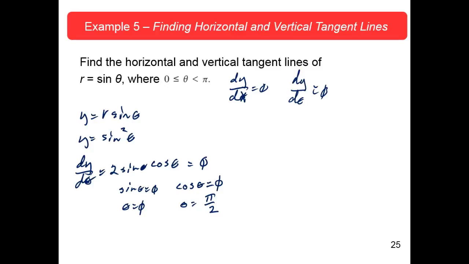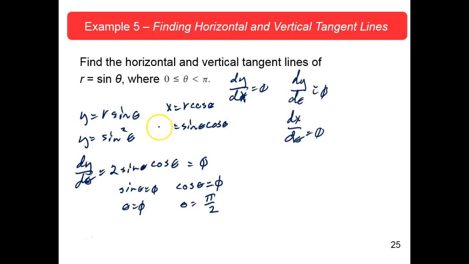Okay? Let's see about vertical. What's true about vertical tangent lines? Yeah, dx d theta equals 0. And where is that going to be true? Well, let's see. X is equal to r cosine theta. And if r is sine theta, this is sine theta cosine theta.